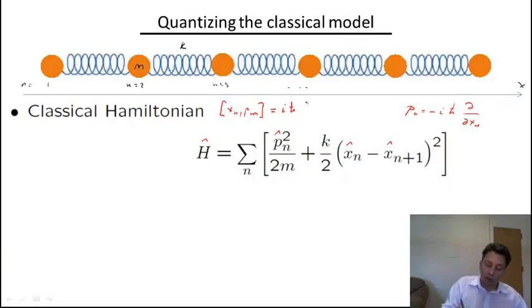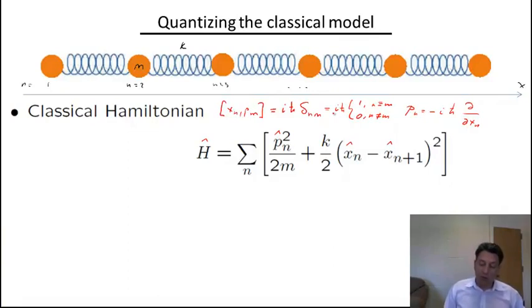So we can unify these commutation relations by writing a delta symbol here, which means that it's equal to i h bar if n equals m and 0 otherwise. So this is what it means to quantize this Hamiltonian.